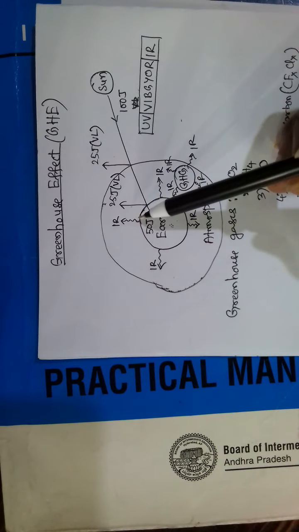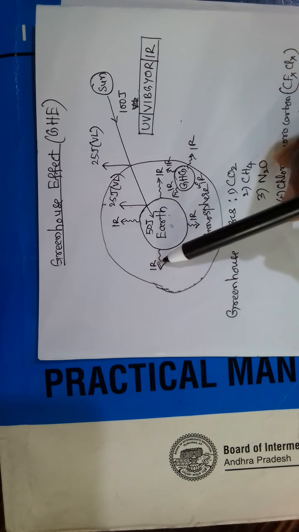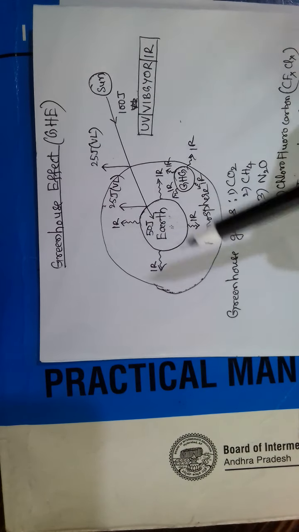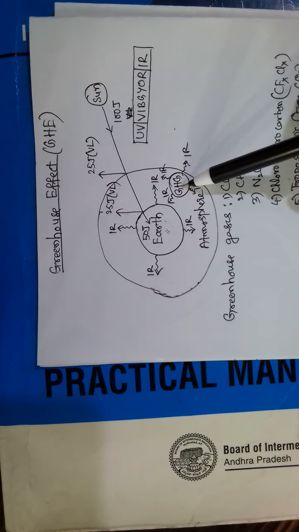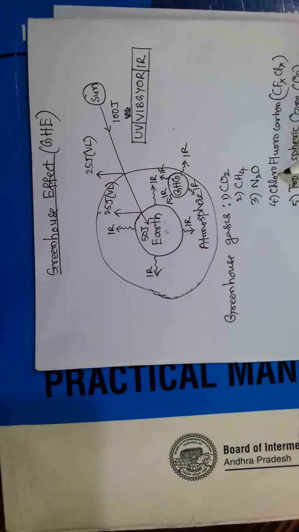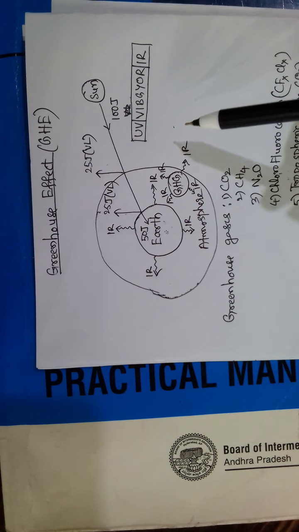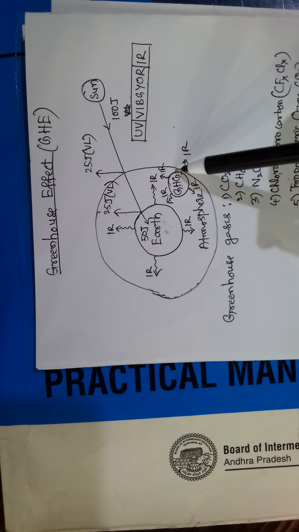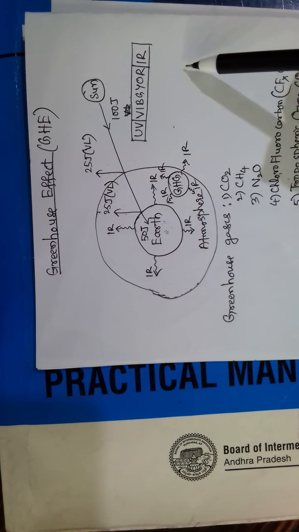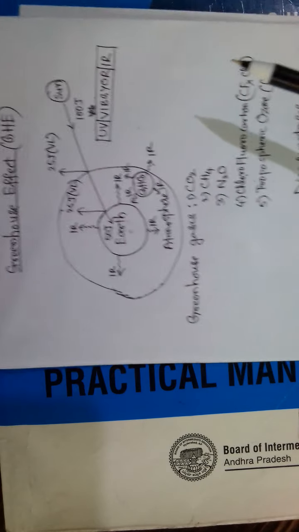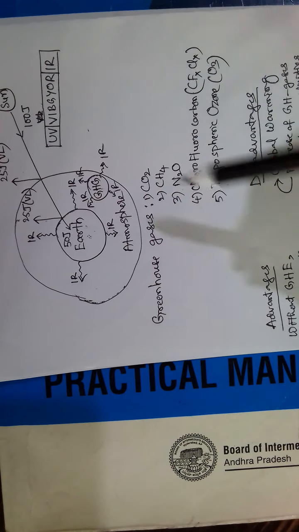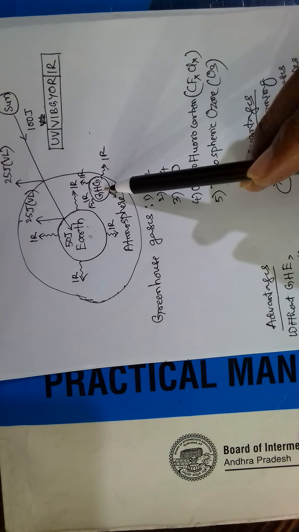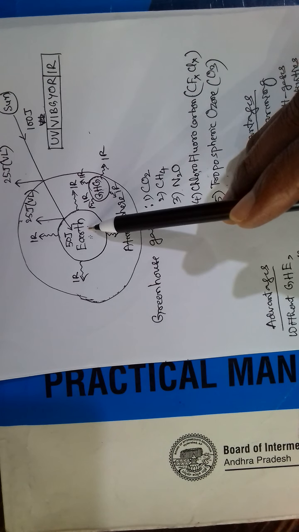But luckily, the IR radiation emitted by the earth surface is largely absorbed by the greenhouse gases, and about 75% is redirected to the earth, only 25% is sent to outer space. So this is an advantage. Because of greenhouse gases only, our earth is being warmed up.